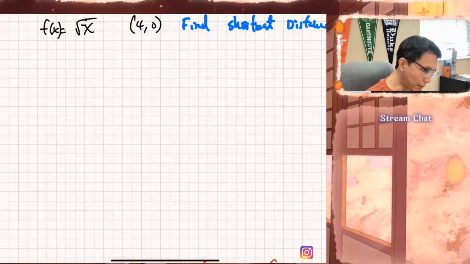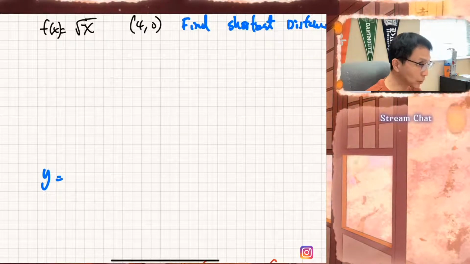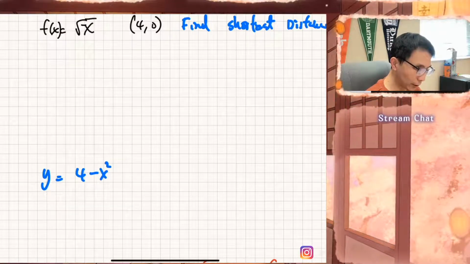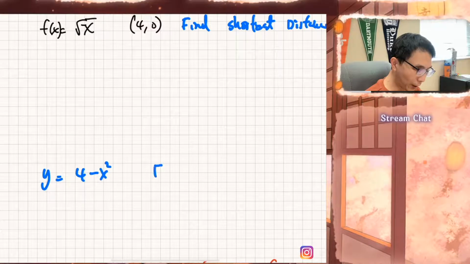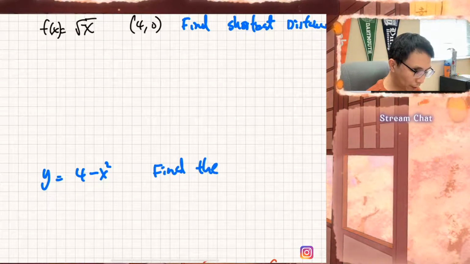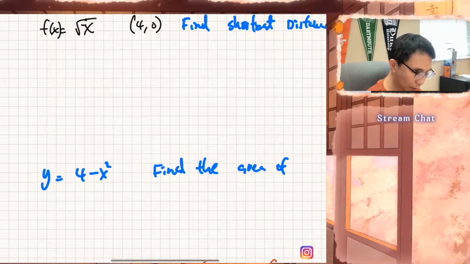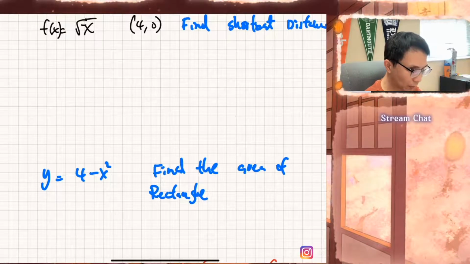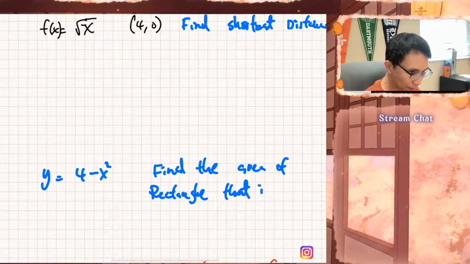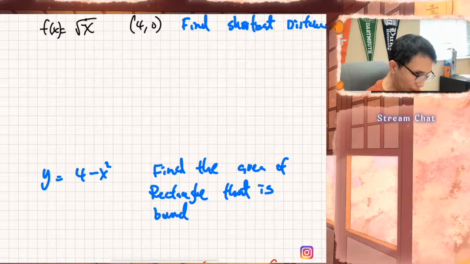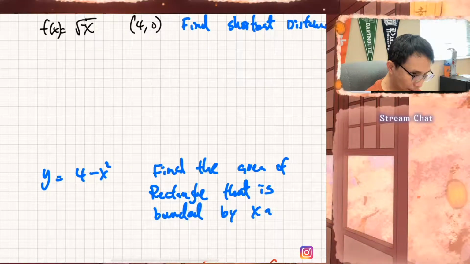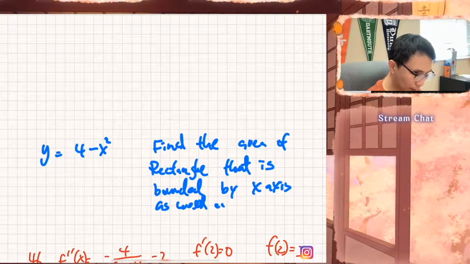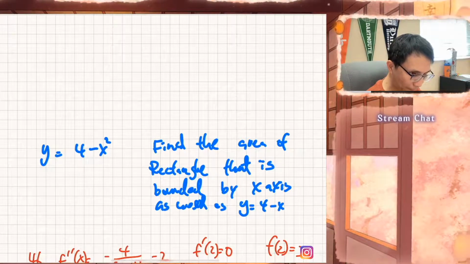Now the second practice I want to give you is y equals 4 minus x squared. I want you to find the area of a rectangle that is bounded by the x-axis as well as the function.